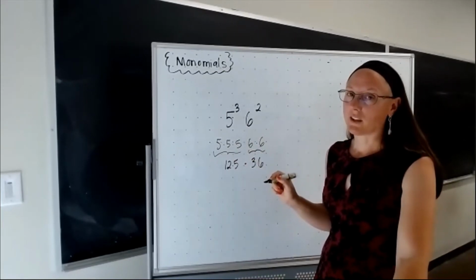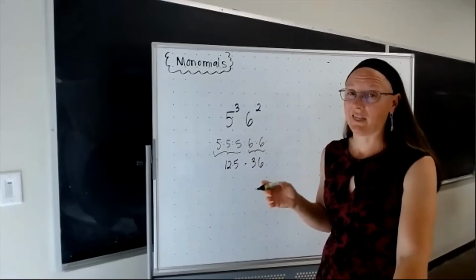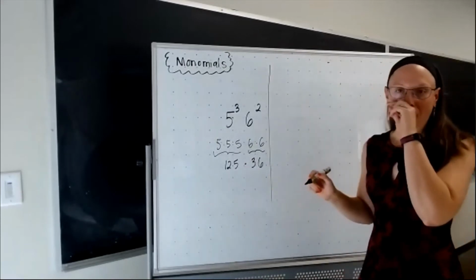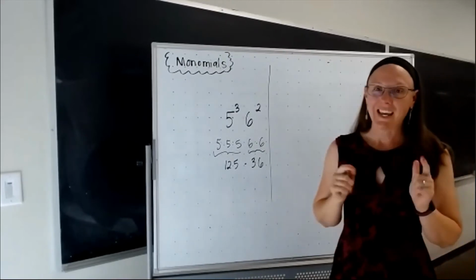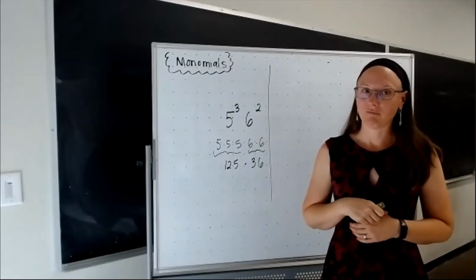I don't want to confuse anyone with this next part. My recommendation at this moment, don't write it down, just watch. We can do something if they don't have the same base, but they do have the same exponent.